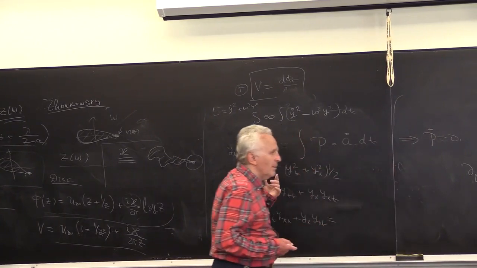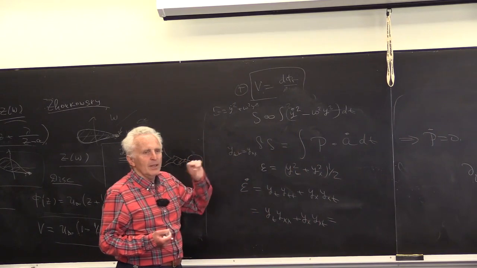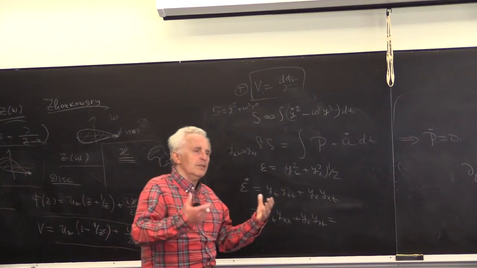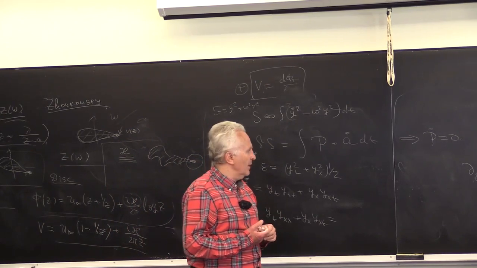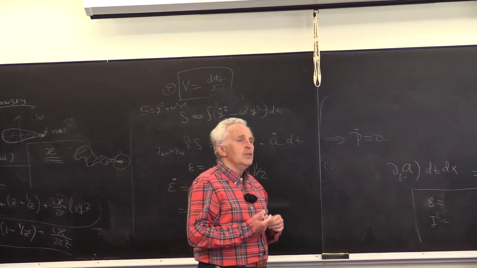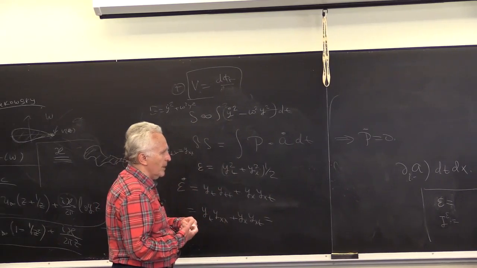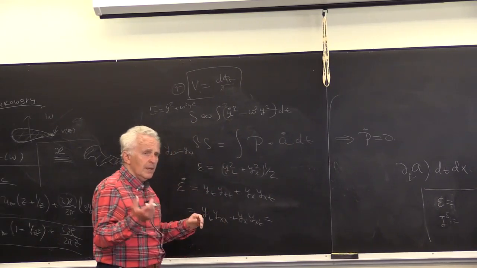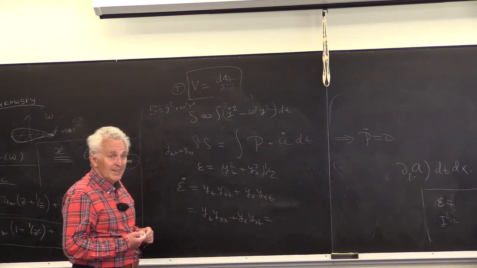The continuity equation means that epsilon dot, in general terms, should be a negative divergence. It could be negative or positive, depending on the convention, but it should be a divergence. Do we have a divergence here?